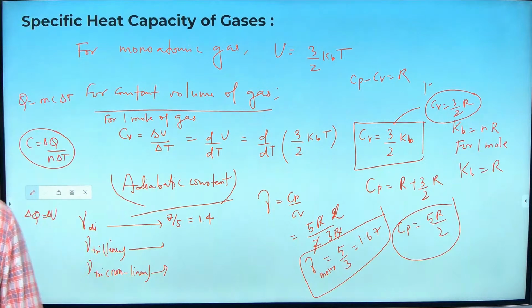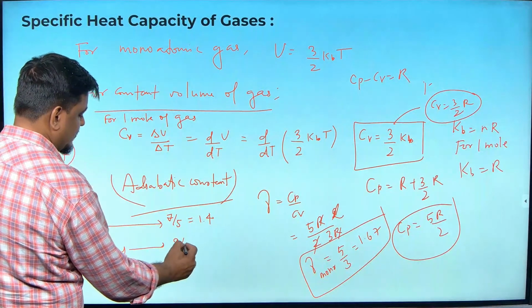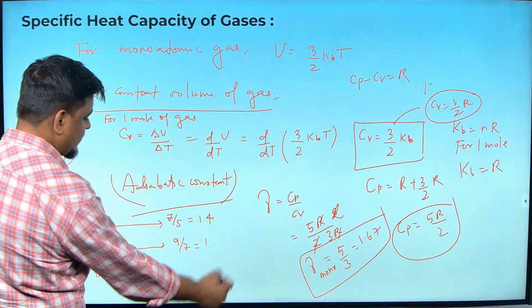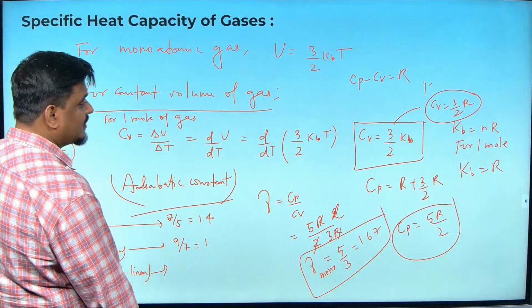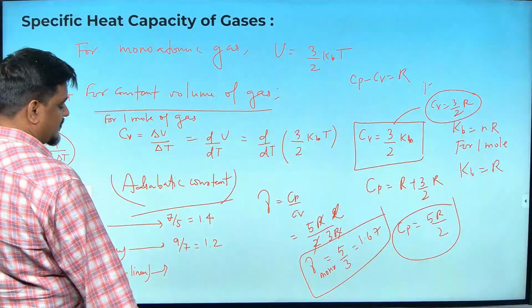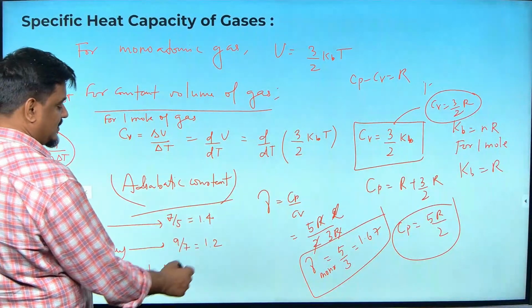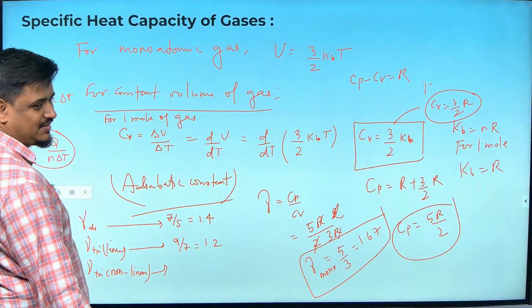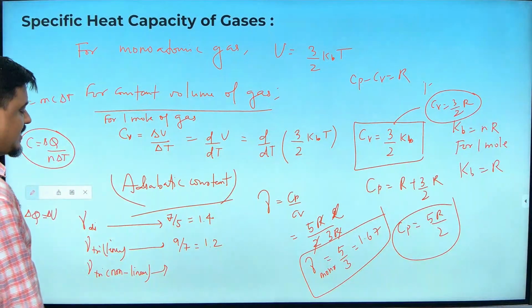Okay. Then if it is triatomic linear, it is 7 by 2 R and 9 by 2 R. So 9 by 7. What is that? 1.28.